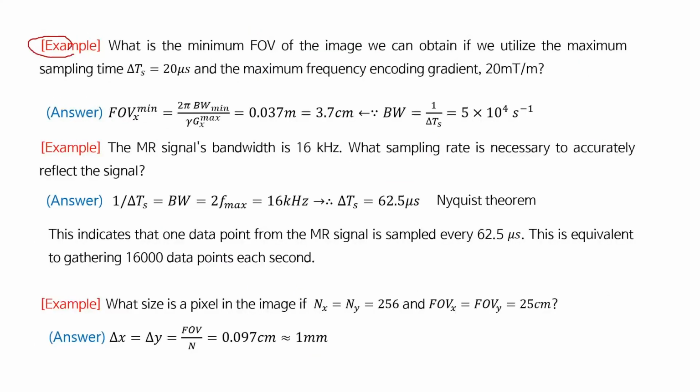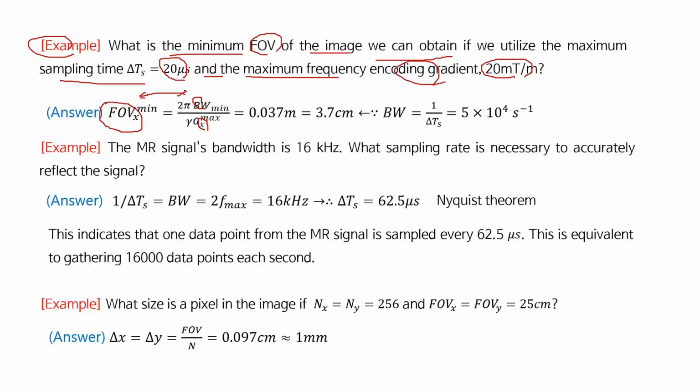Next example, what is the minimum FOVX of the image we can obtain if we utilize the maximum sampling time 20 microsecond and the maximum frequency encoding gradient 20 millitesla per meter. So FOVX is related to Gx and the bandwidth by this relationship.